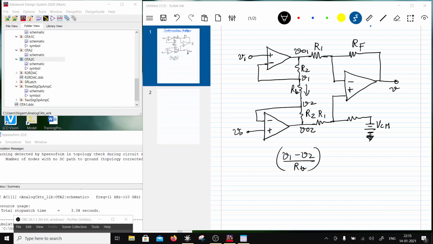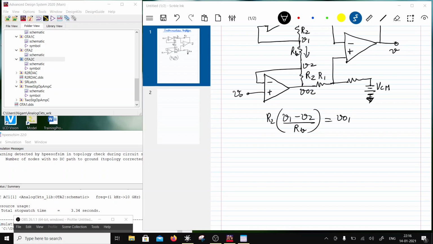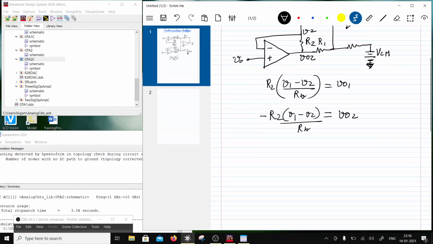And VO1 would be R2 times this current, and VO2 will be minus R2 times this, because the current is flowing into the output node, R2 divided by RB times V1 minus V2. So this will be equal to VO2.